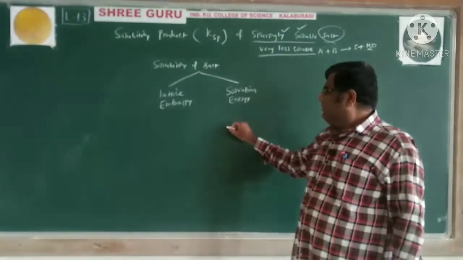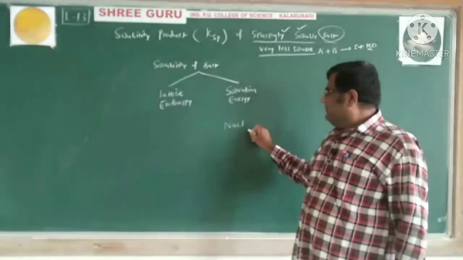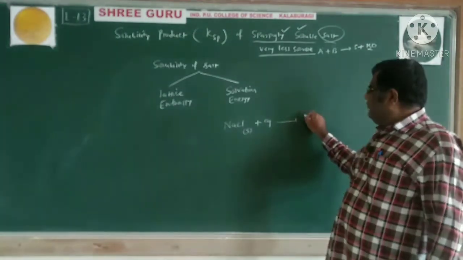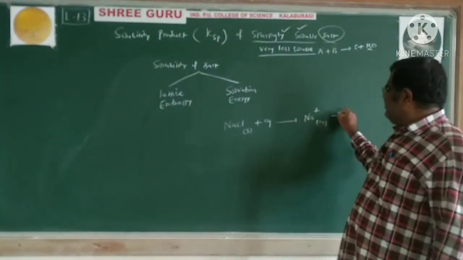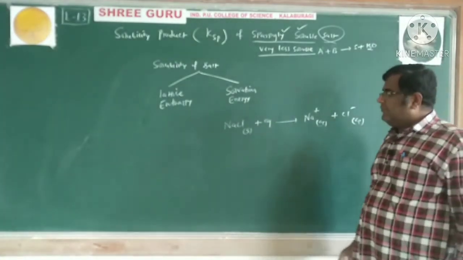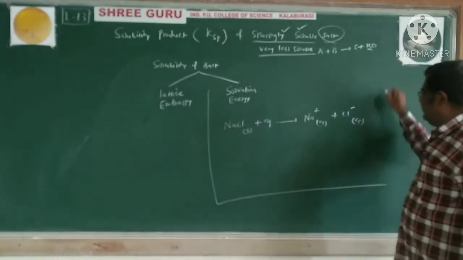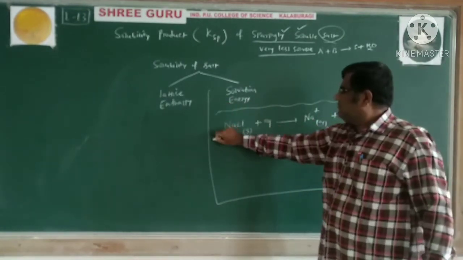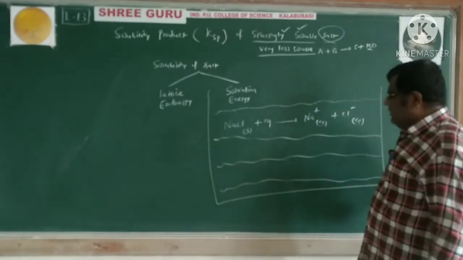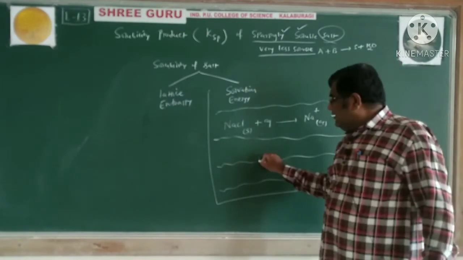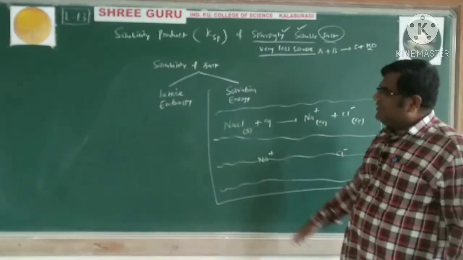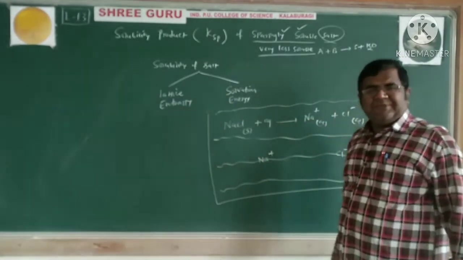For example, if we take NaCl in solid state and put that into water, it forms Na plus ion and Cl minus ion. We'll take this beaker and put this NaCl into this water and form these two types of ions. Now these Na plus ions and Cl minus ions get separated by the energy called lattice enthalpy.